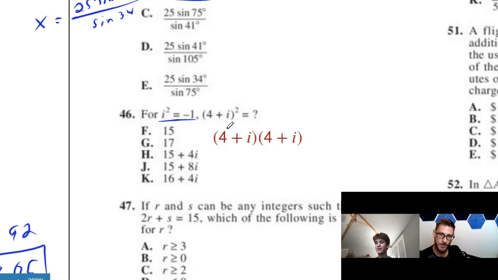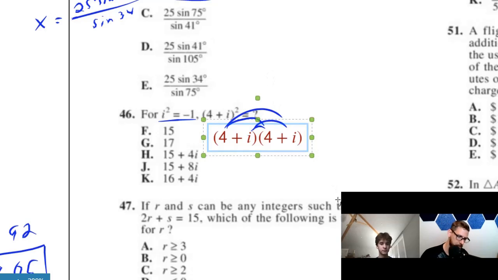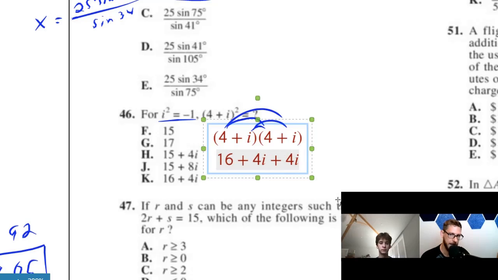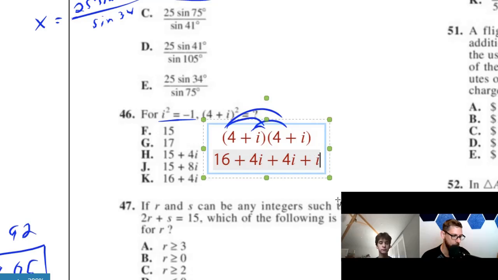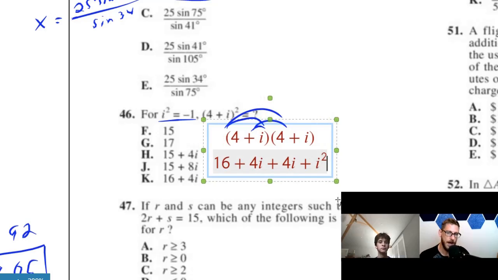So distribute the 4 to both parts, distribute the i to both parts, and then what's the result? So 4 times 4 is 16, 4 times i is 4i, i times 4 is 4i, and i times i is i squared. Now, i squared, as soon as we see that, we should put a little flag in your head, right?